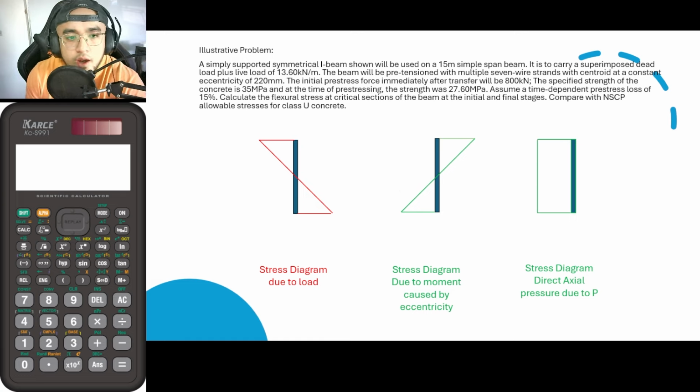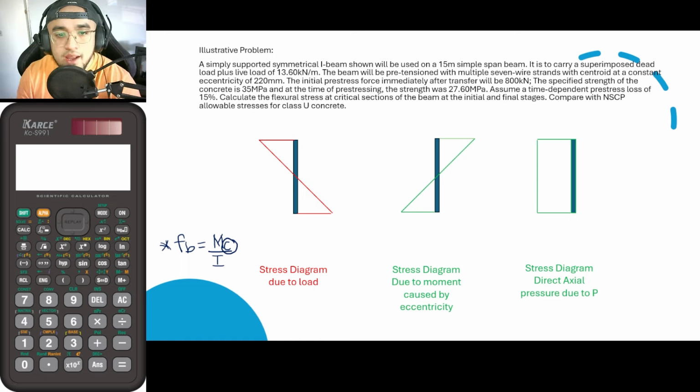If you can remember from your mechanics of deformable bodies, or the strength of materials, for elastic materials, the bending stress is equal to Mc over I, where c is the distance from the neutral axis up until the fiber that you are analyzing.